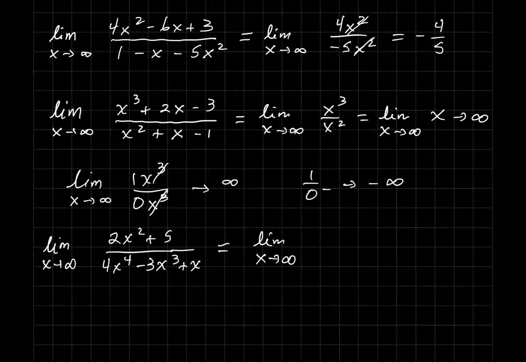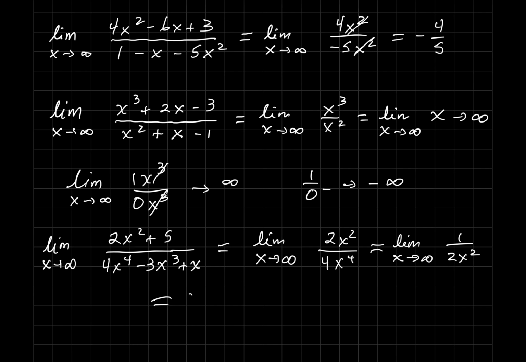But I know that a direct plug-in gives us infinity over infinity. And I will do the 2x squared over 4x to the 4th. And I will simplify this expression down to 1 over 2x squared. And then when we plug in, we get 1 over infinity, which is really, really close to 0.